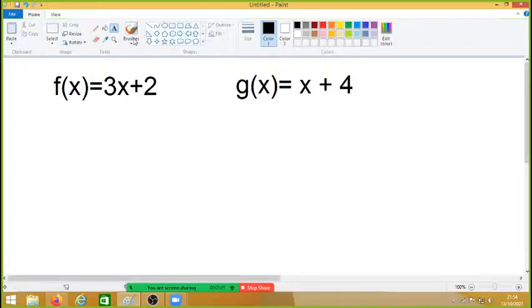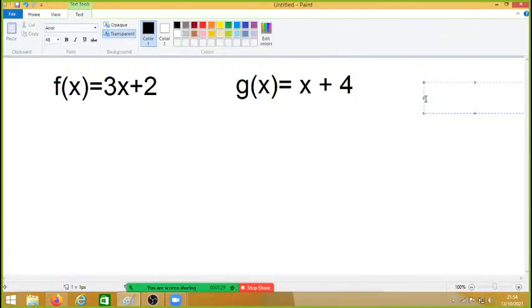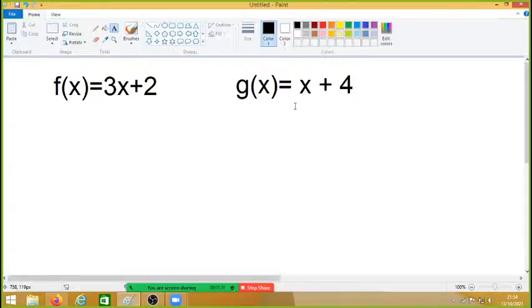So if I can just grab the brush. Okay, that's not working, so I'll just show you. Having problems here.